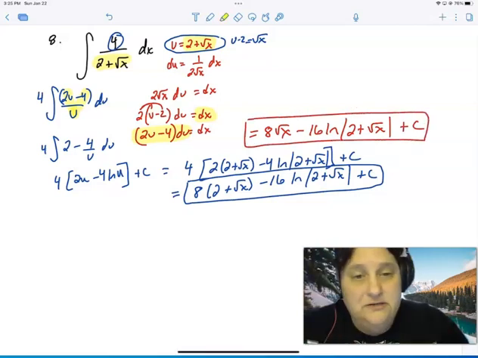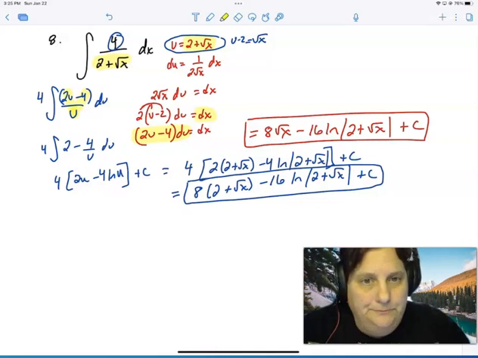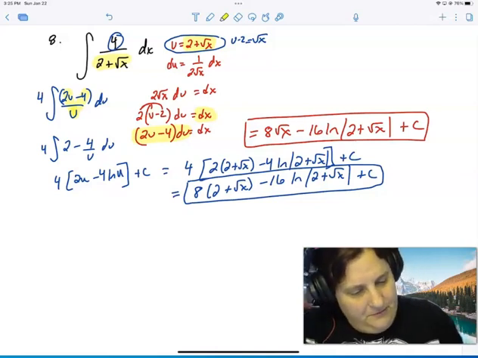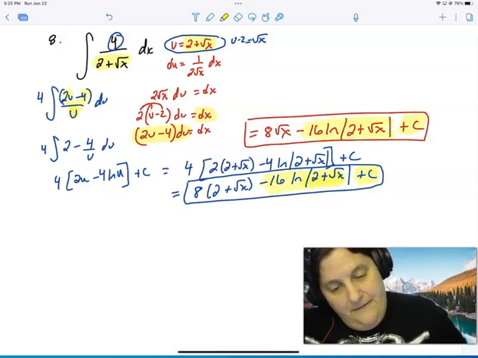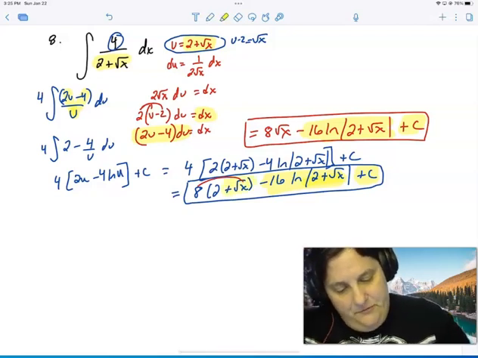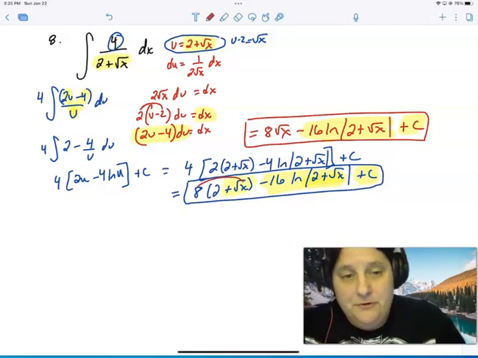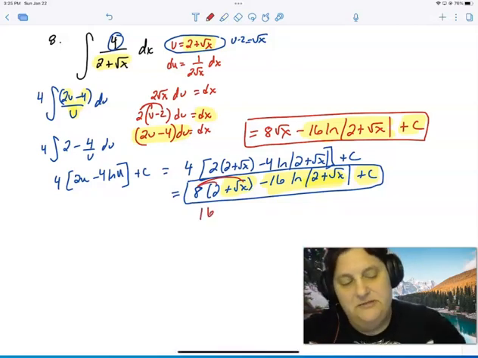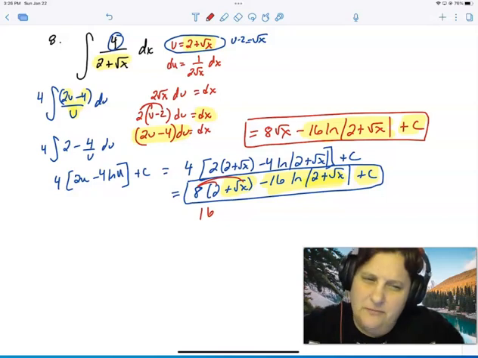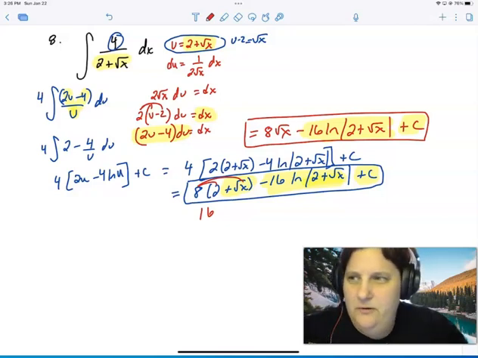And I was looking at this and thinking, all right, is that the same thing? Well, look, the plus C, that's cool. The minus 16 ln of 2 plus root x, the same. And then when I distribute that, the plus 8 root x. So when the person that wrote the answer key did this, they didn't have that 16 right there. So I'm asking myself, are those the same answers?